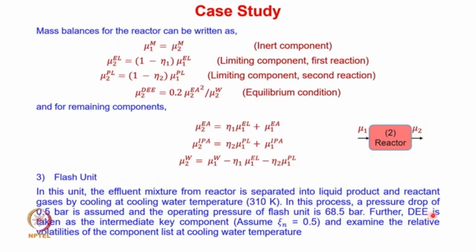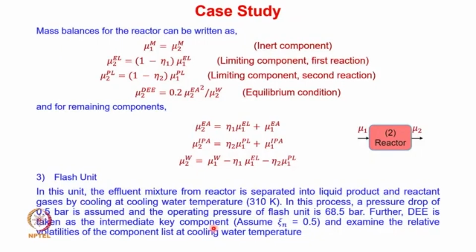Further, we are assuming that the diethyl ether is taken as the intermediate key component. So diethyl ether is an intermediate key component, and based on that we are now going to find out the components which will be in the top product and the components which will be coming in the liquid stream. The relative volatilities of the components are calculated at the cooling water temperature.